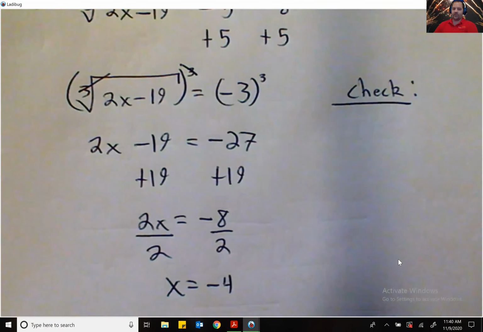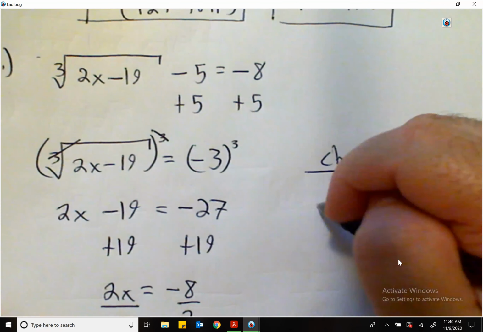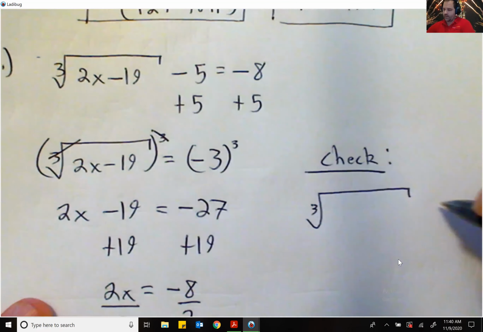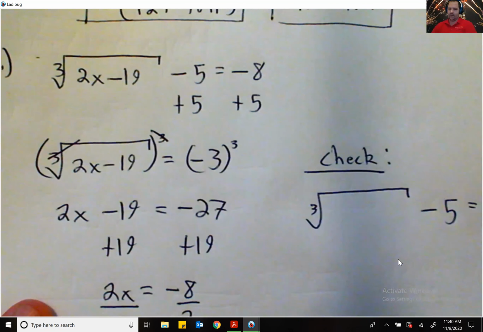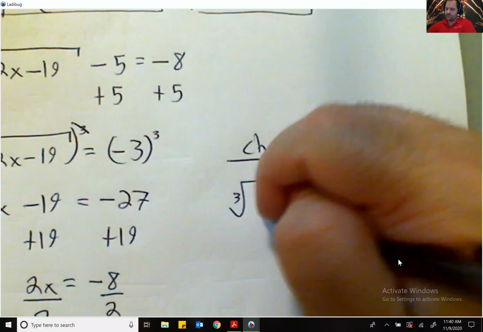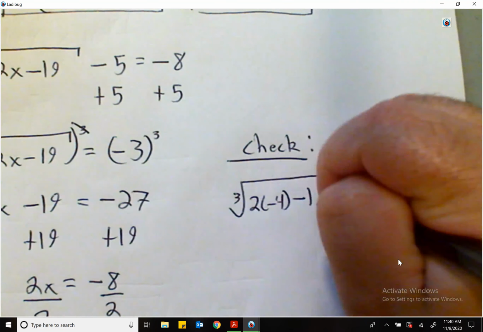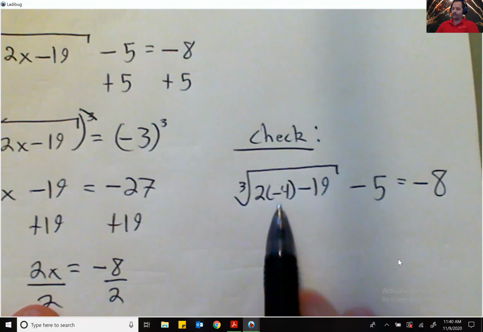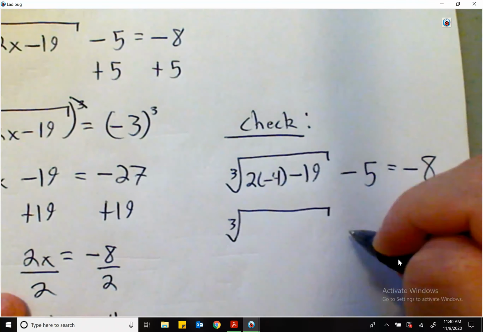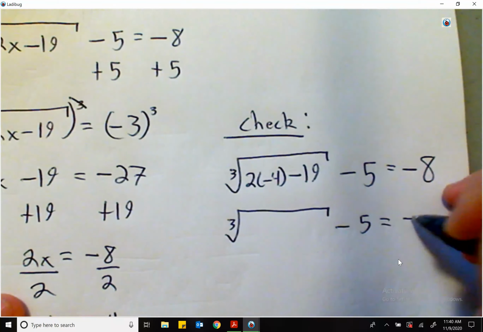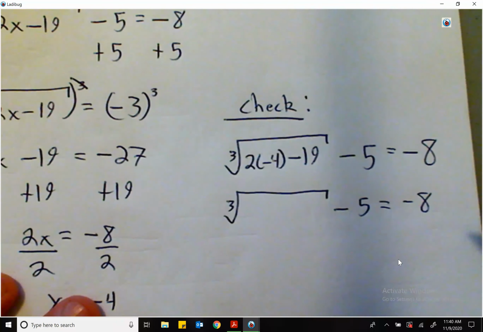We got to make sure that this answer actually works. So we're going to check the full thing. We're going to make sure that we get a negative 8 in the end. So we got 2 times negative 4 minus 19. So what's 2 times negative 4? Negative 8.